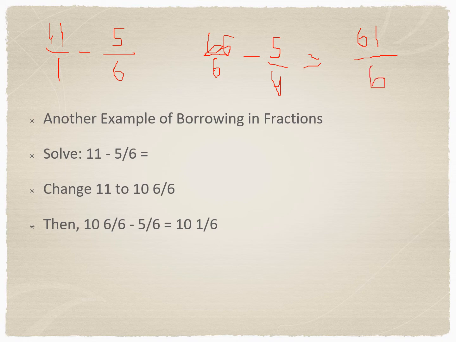If I reduce this and put it into a mixed number, I should get the same as this. And I do. 6 goes into 61 10 times, because 10 times 6 is 60. And then I have 1 left over. There's your 1/6.